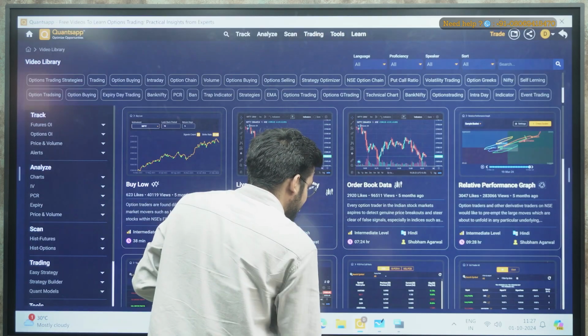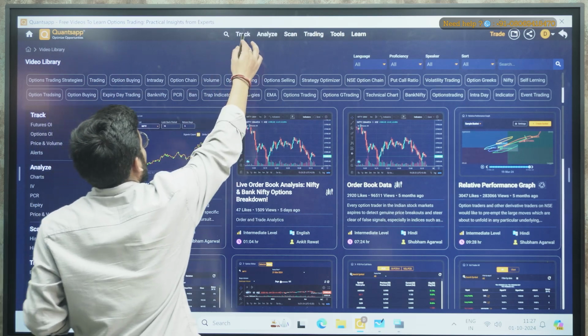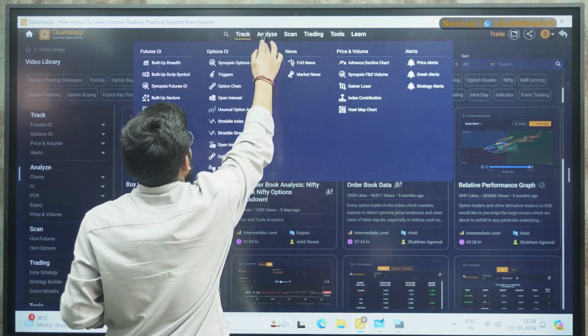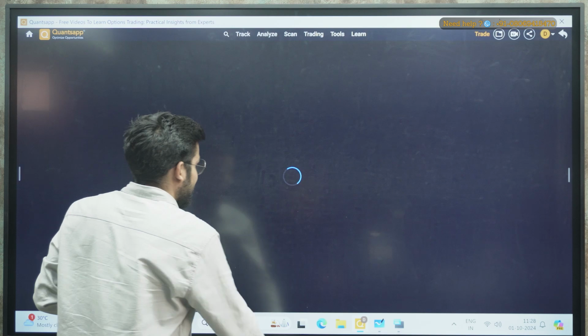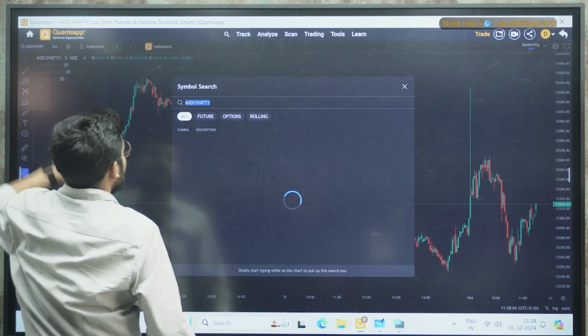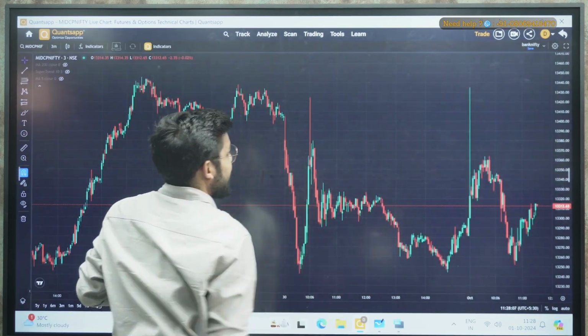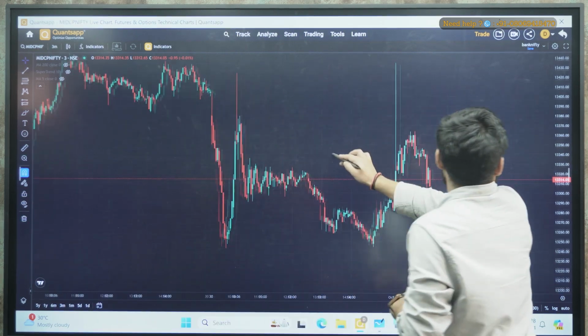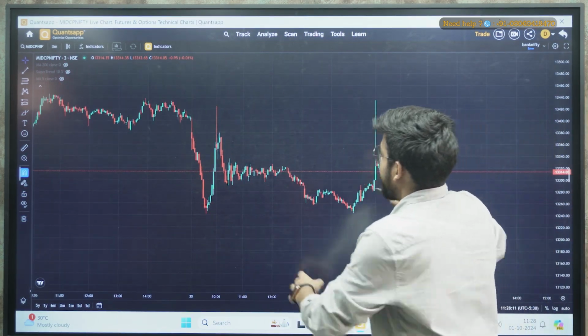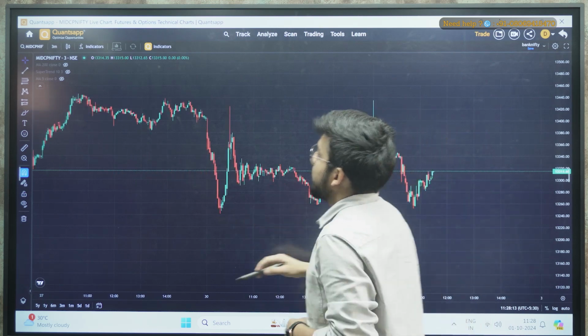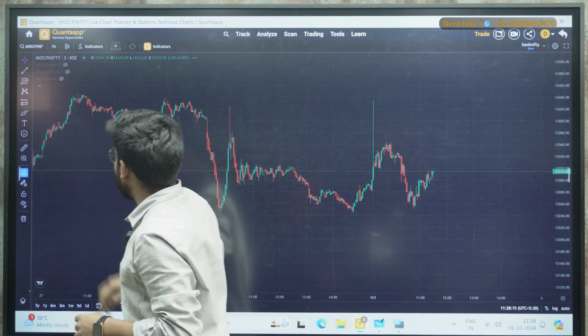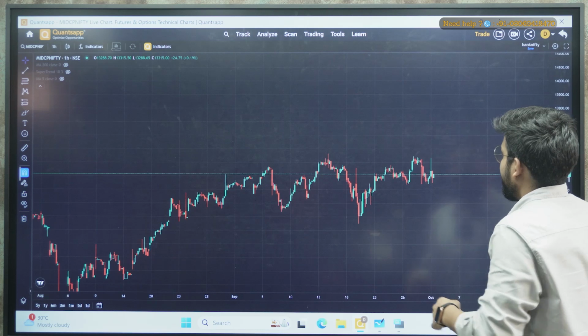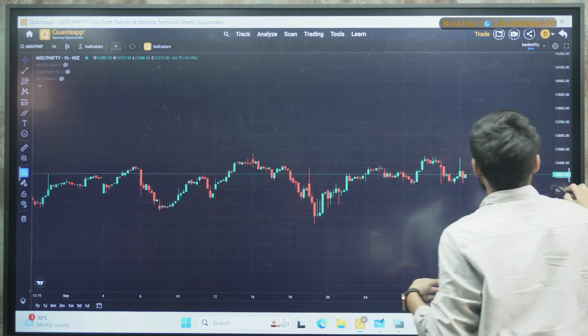Now let's see if we are getting any indication in the chart. So we will apply the chart here. A chart has already been opened here, so let's see if we can analyze something in this chart. Let me put the time frame of 1 hour here, and let's zoom out a little.